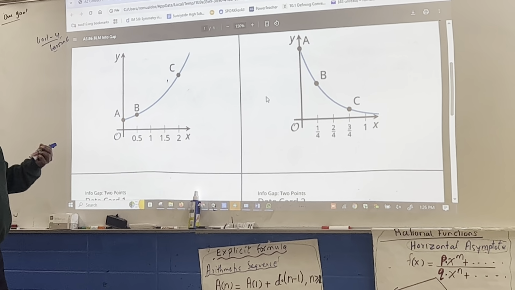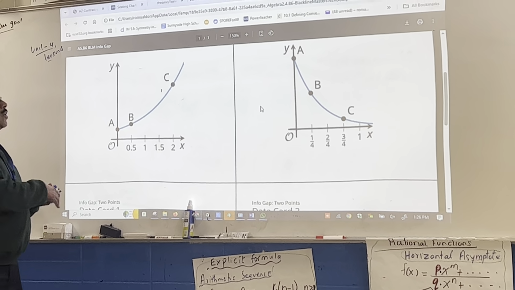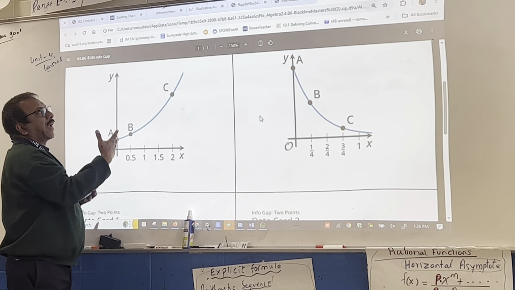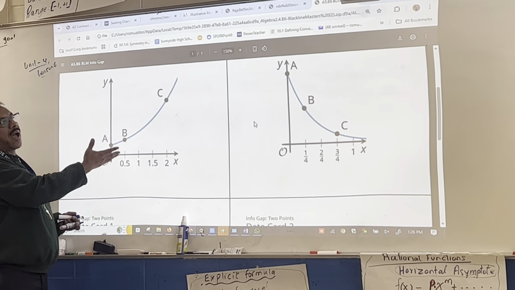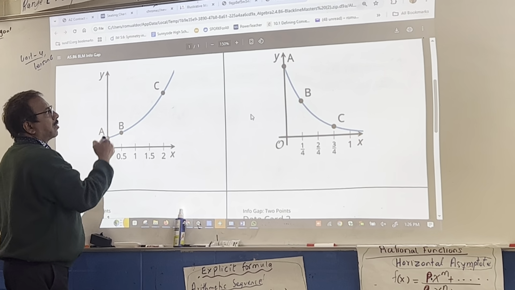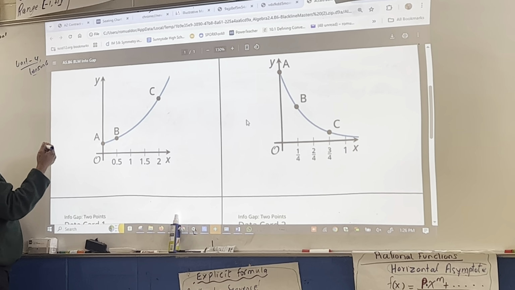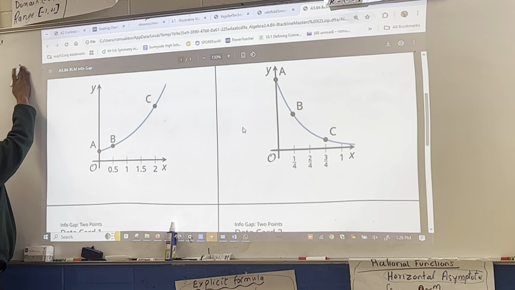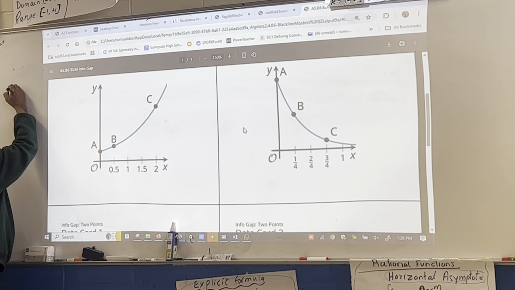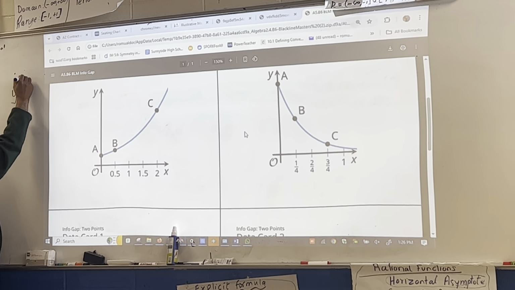So what are you expected to do here? First of all, I want to know how to create an exponential function for this graph. You can see it is rising, and it's already an exponential function, but we need to figure out which one. Let's create the exponential function.